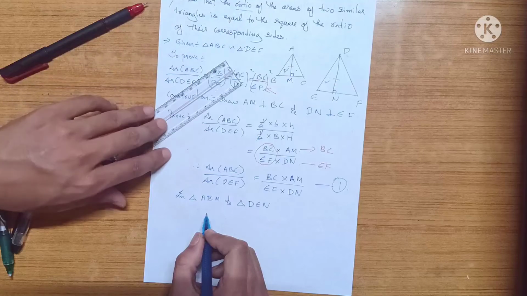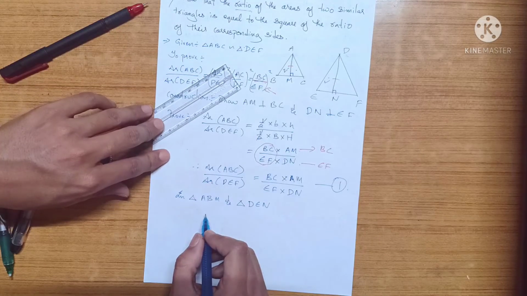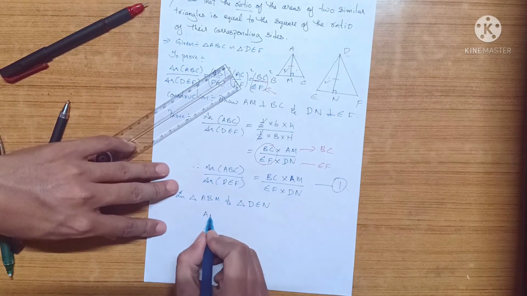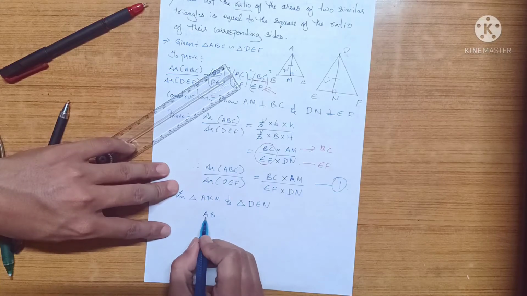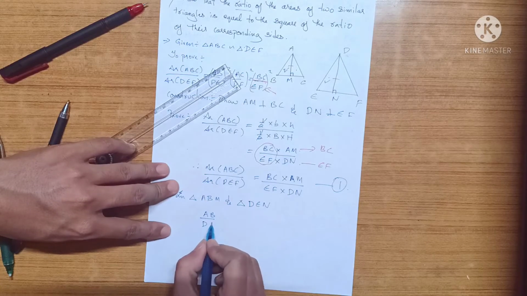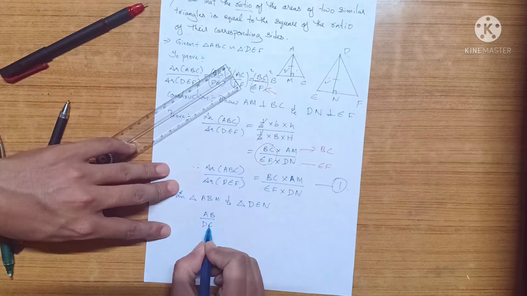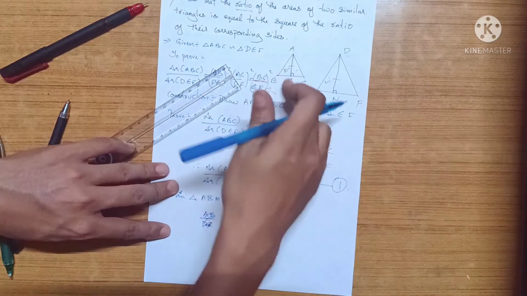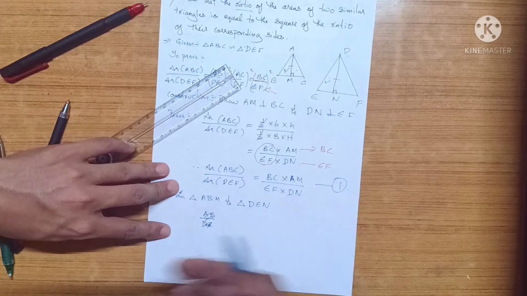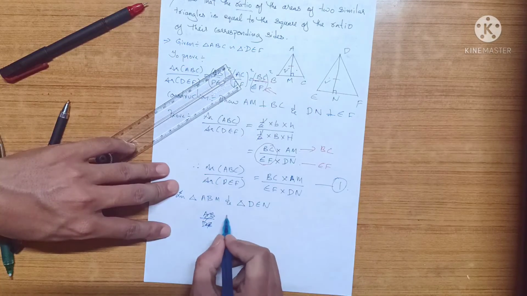We're going to take AB by DE. Okay, we won't take it first; we have to show they're similar, before we show that the ratios are the same.